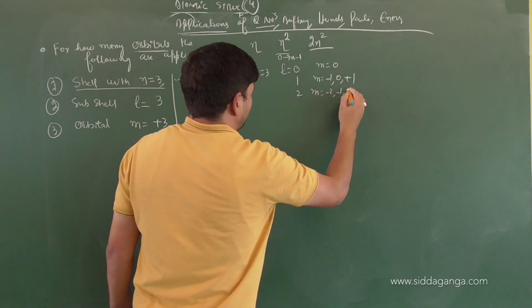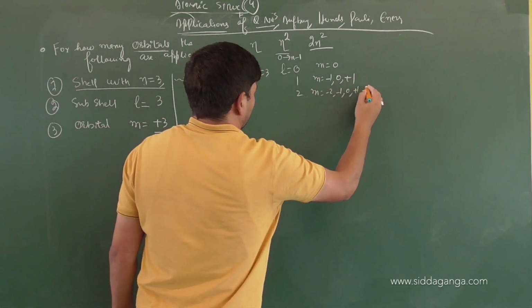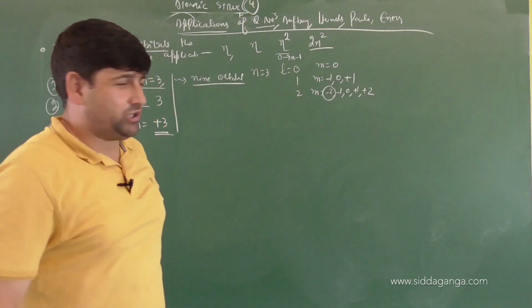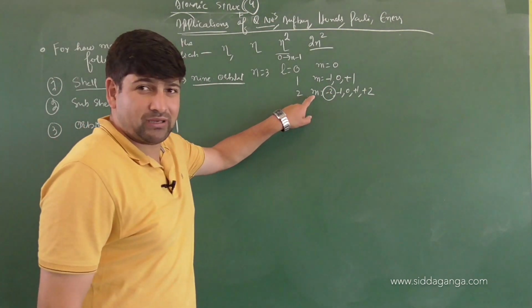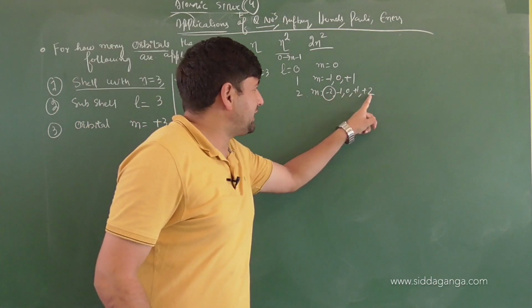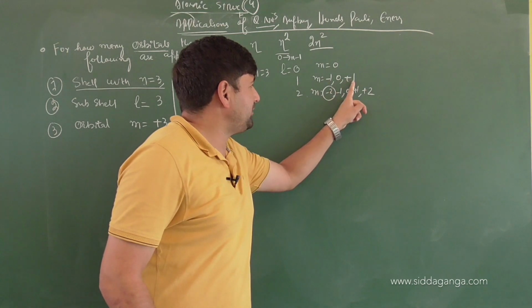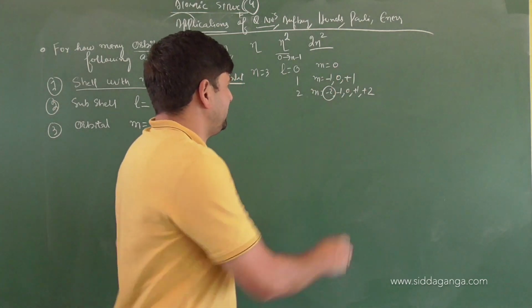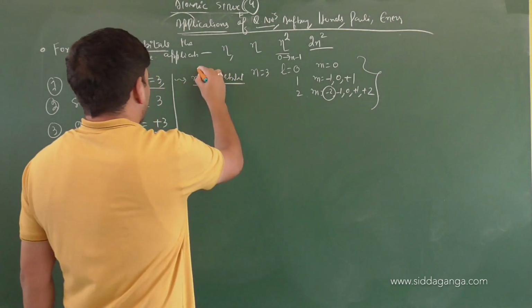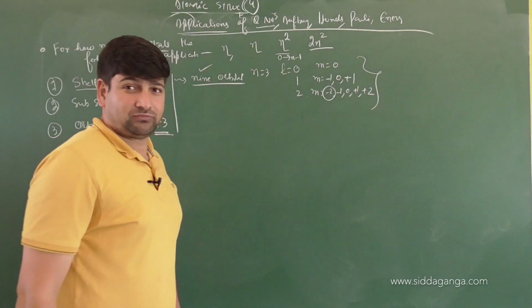Minus 2, minus 1, 0, plus 1, plus 2. We have said yesterday also, each value of magnetic quantum number represents one orbital. So how many orbitals are available here? 5, and here 3, and 1. 5 plus 3, 8, plus 1, 9. So this is applicable to 9 orbitals. So the correct option is 9 orbitals.